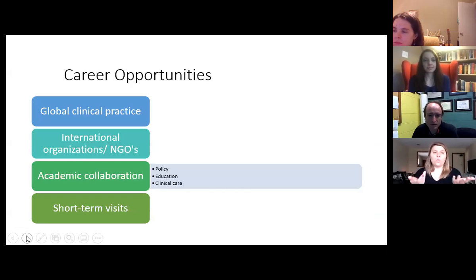So here's some of the different places where you can enter into work. There's global clinical practice. It is pretty variable across the world how US clinical skills correlate into different national systems. I know that Mexico, just like in the States where you need to complete a residency in the United States or Canada to provide care, to earn an income from medicine within Mexico, you need to have Mexican residency training.